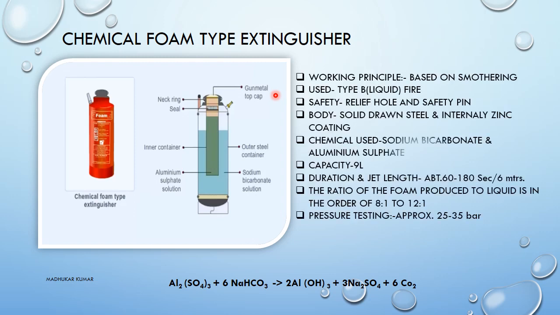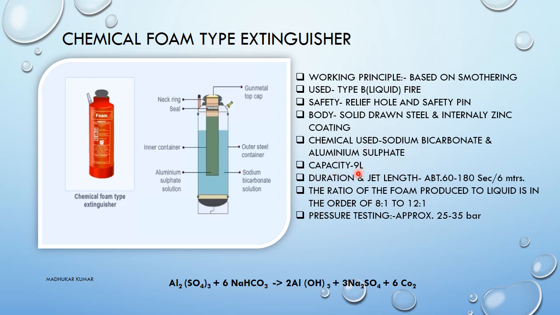And here you can see some details of the chemical type foam extinguisher. Working principle is based on smothering, of course, and it is used for type B liquid fires. Safety features attached to it are the relief hole and safety pin. Body is solid drawn steel and internally zinc coated. The chemicals used over here are sodium bicarbonate and aluminum sulfate.